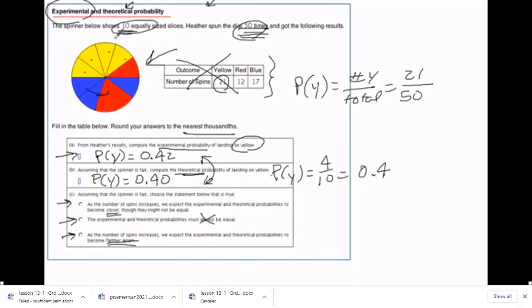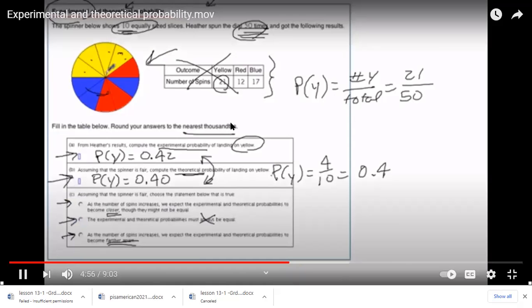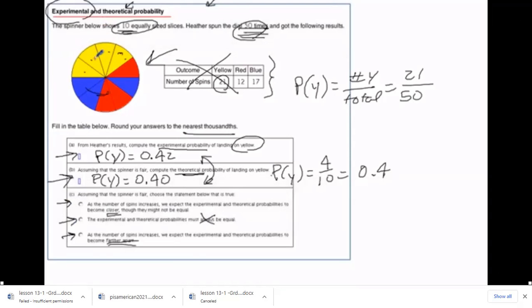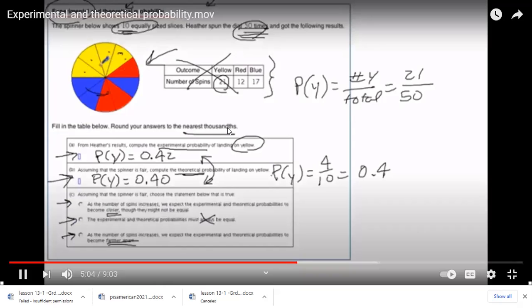If we spun it once and got yellow, the experimental probability of yellow would be 1 out of 1, which means 100% yellow. That's not close to our theoretical probability, is it? If we spun it twice and got 1 yellow and 1 red, then our experimental probability is 1 out of 2, one half.